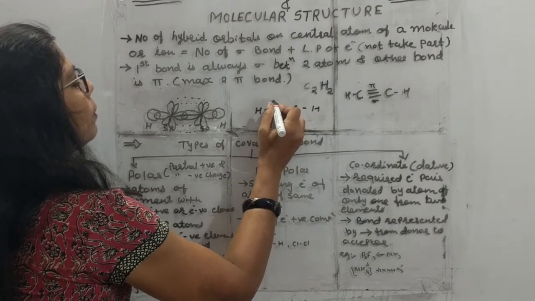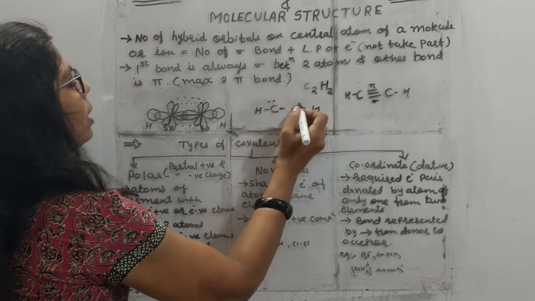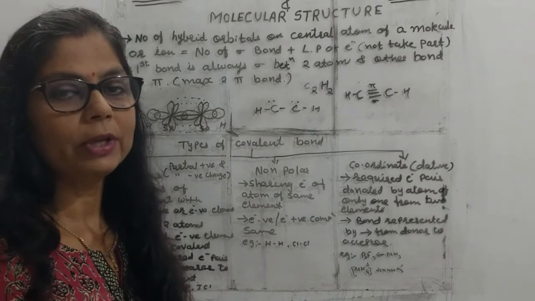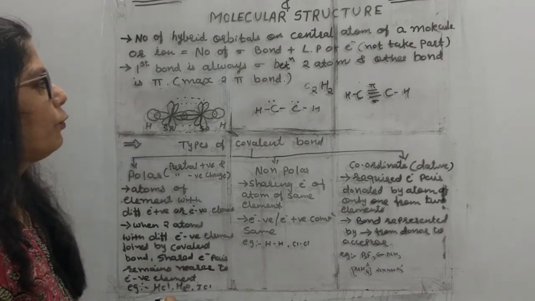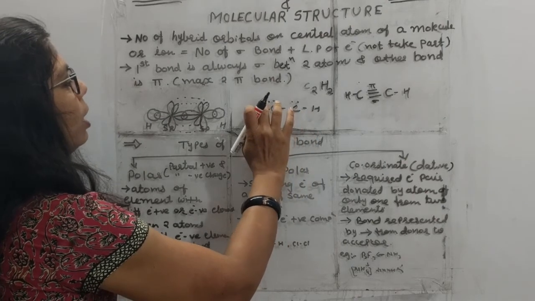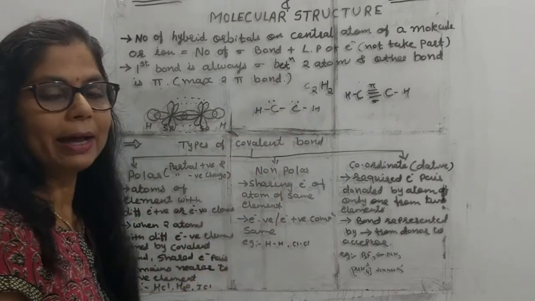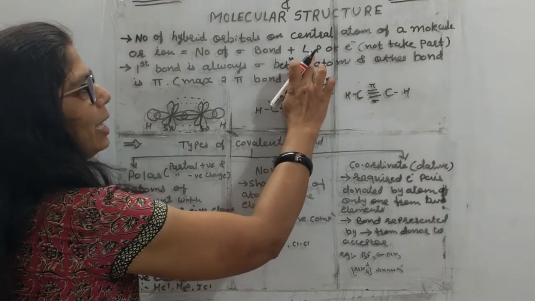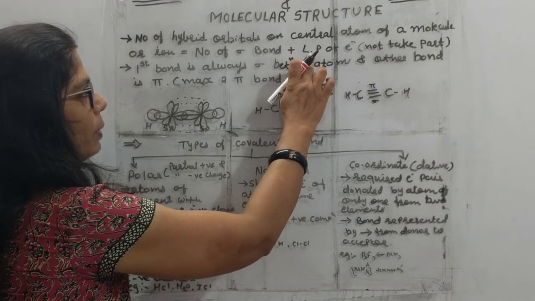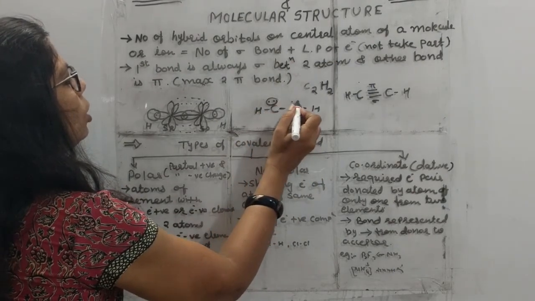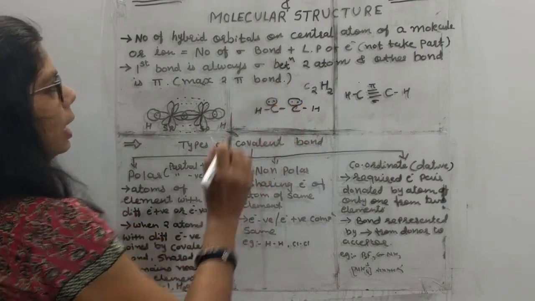So both the carbons have one lone pair of electrons. Means out of 4 valency, only 2 valency is satisfied. 2 valence electrons remain unpaired, not taking part in the bond formation, which is known as the lone pair. So this is the lone pair of the carbon.